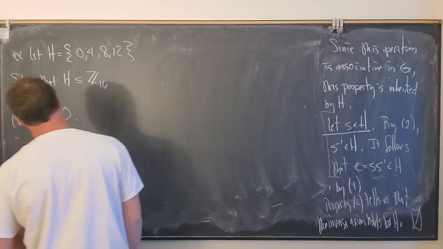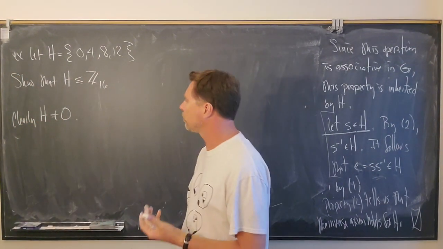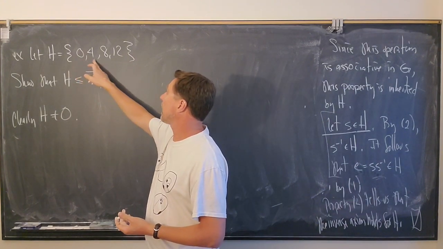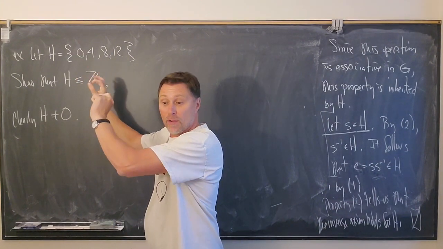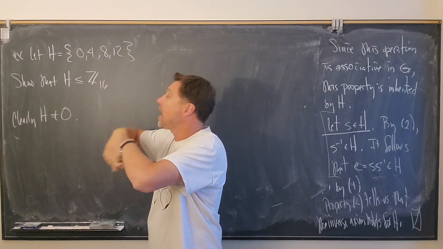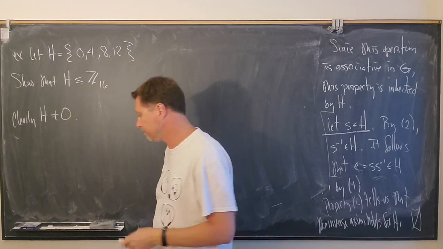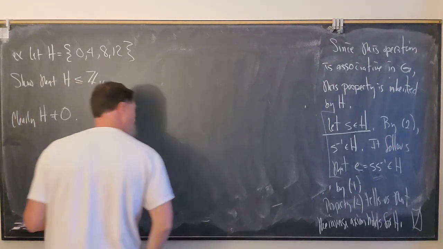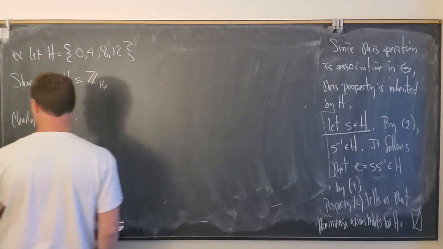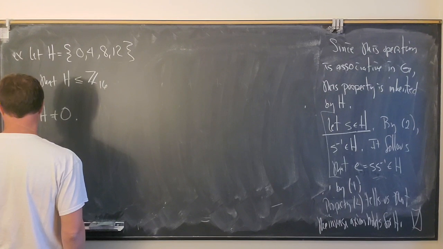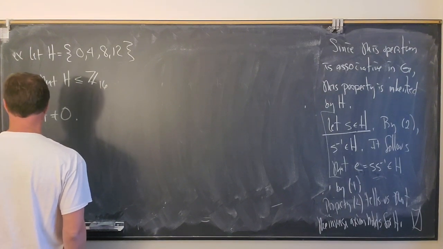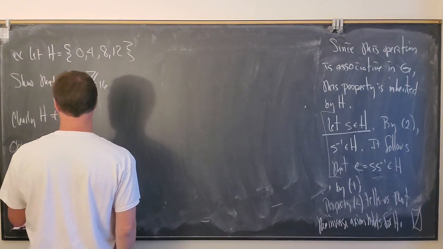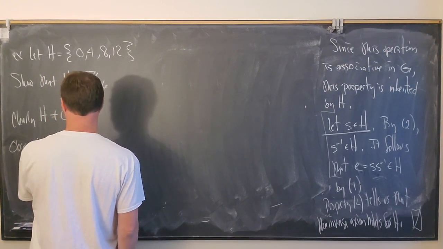Now, officially, we got to brute force this. We need to show that if I add any pair of elements, mod 16, I get something back in the set. So I'm going to actually grind through the entire process. All right, so let's see how many different combinations we have to do. So now observe. So I'm going to do 0 plus 0.